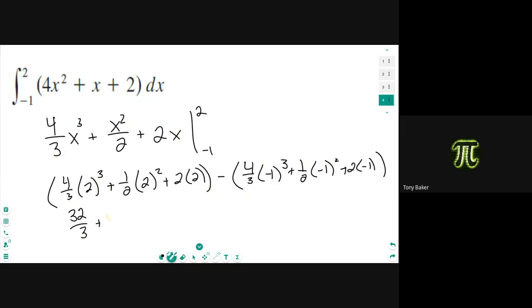So that's 32/3 plus 2 plus 4, then -4/3, minus 1/2, plus 1/2, minus 2.